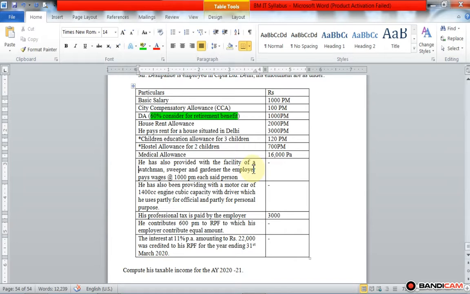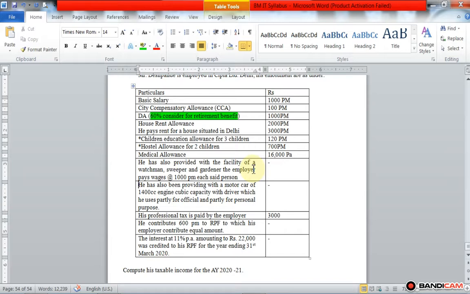Then the second perquisite: he has also been provided with a motor car of 1400 cc engine capacity with driver, which he uses partly for official and partly for personal purpose. So the employer has provided a motor car of 1.4 cc capacity to the employee.